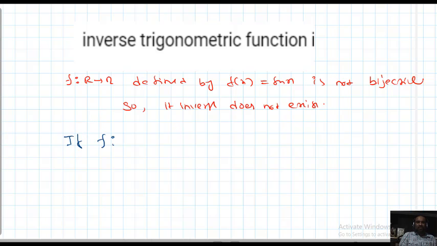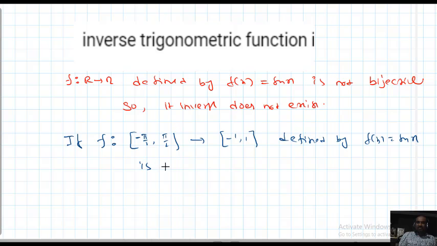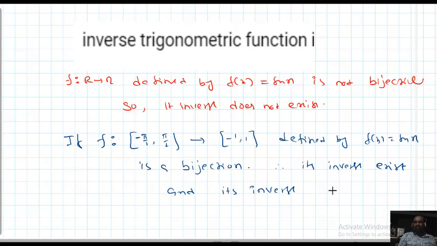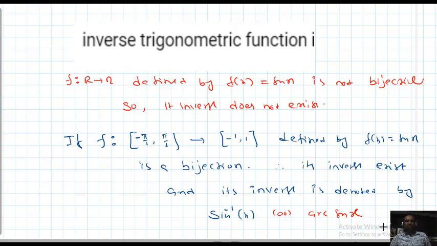If f maps closed minus pi by 2 to pi by 2 to closed minus 1 to 1, defined by f of x equal to sin x, is bijective, therefore its inverse exists, and its inverse is denoted by sin inverse of x, or arc sin x, both are the same, the inverse function.